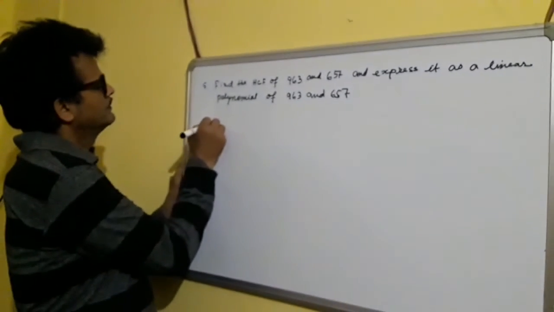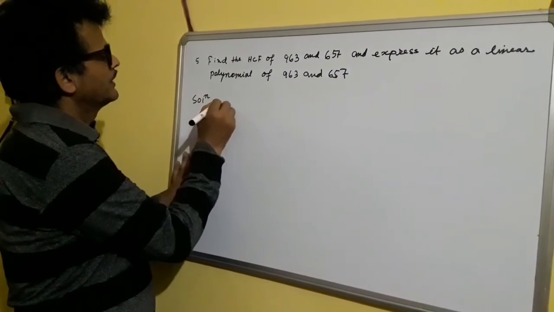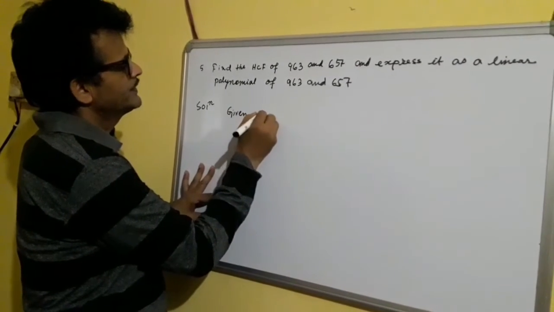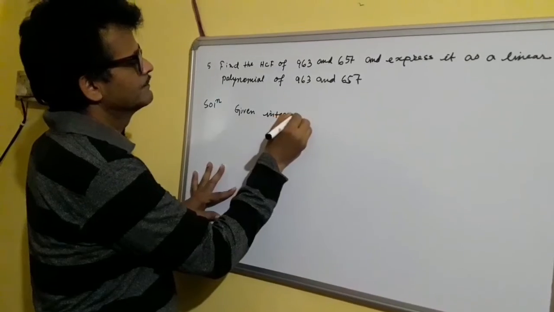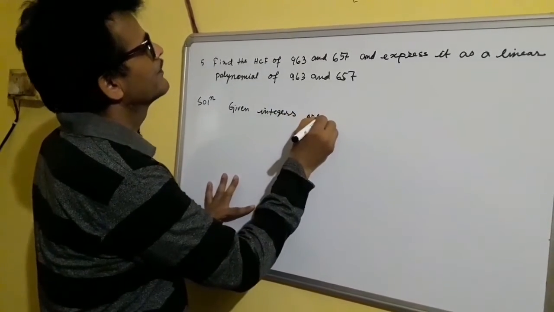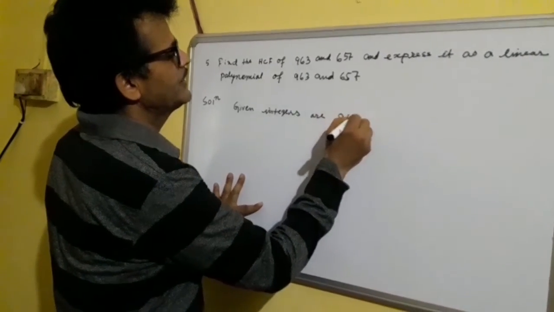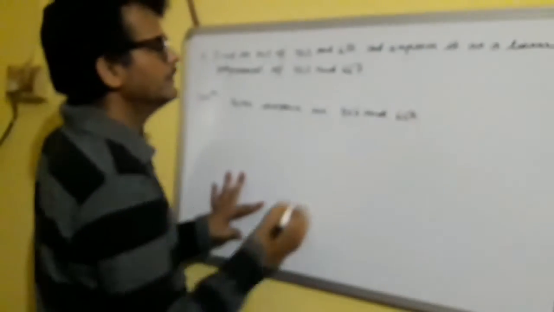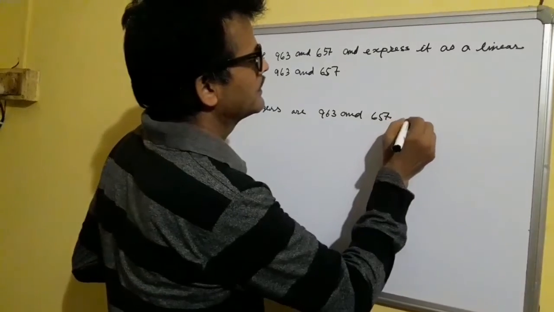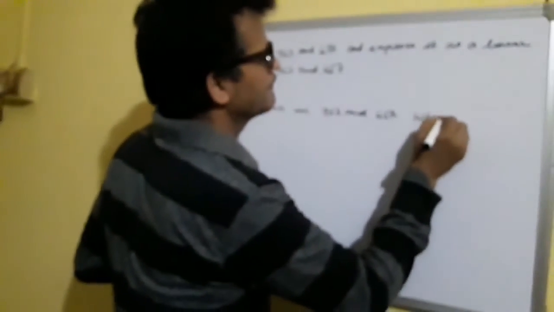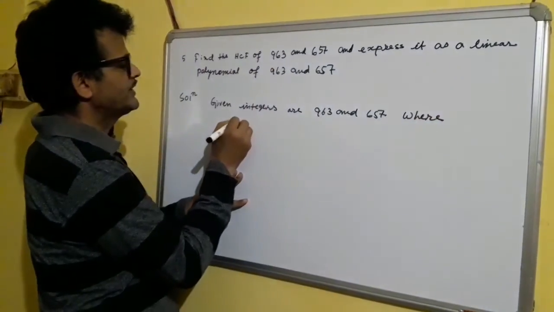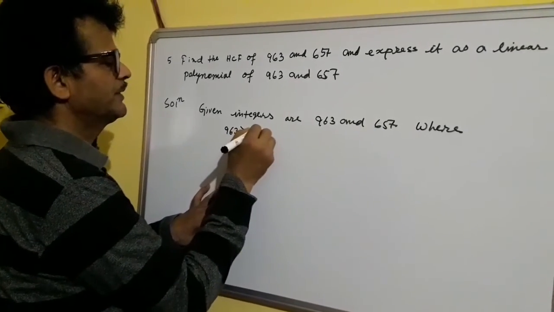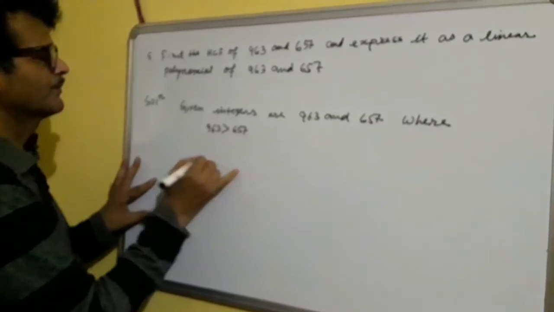Solution: given integers are 963 and 657, where 963 is greater than 657.